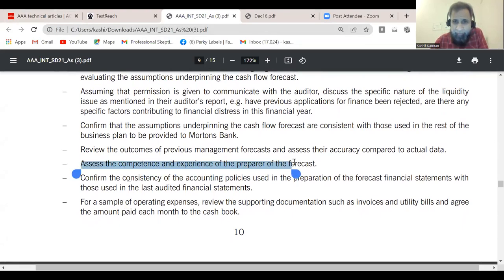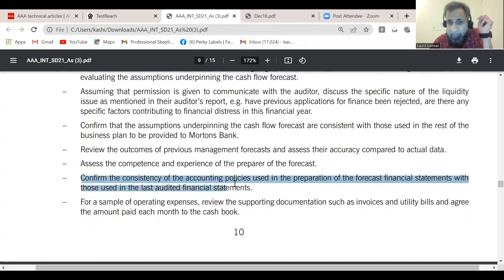Assess the competence and experience of the preparer of the forecast. Who prepared the forecast? Assess the competence of who prepared the forecast in order to assess the credibility of the forecast. This is a journal procedure. Cast the forecast, one journal procedure. Assess the competence of who prepared it, second journal procedure.